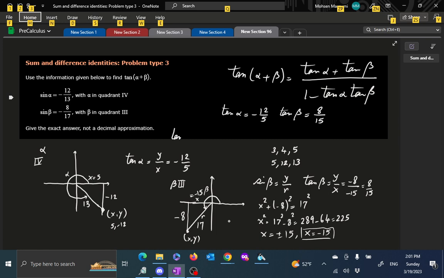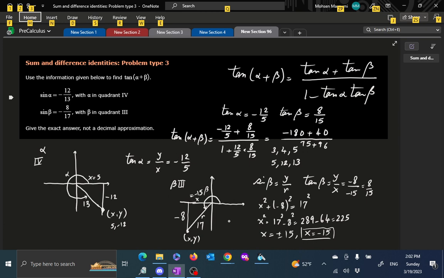So tangent of alpha plus beta is going to be minus 12/5 plus 8/15. The denominator is going to be 1 minus that, which makes it plus 12/5 times 8/15. So I take a common denominator. I get minus 180 plus 40. I multiply by 75, both numerator and denominator. I get 75 plus 96.